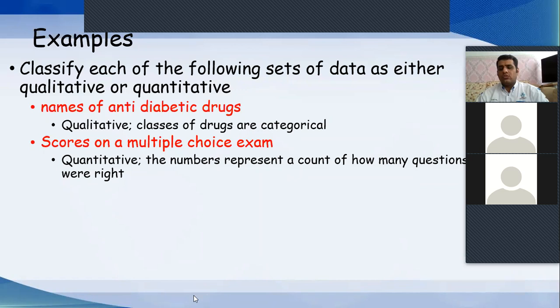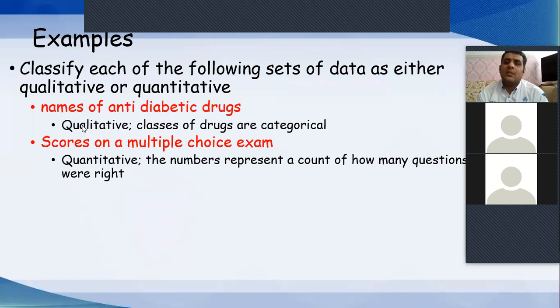Now you know that in clinical research, if we want to study the blood glucose level, then it is considered quantitative data. When we study whether the blood glucose level is controlled or not controlled, meaning the classification is there, then this is considered qualitative data. If quality is there, good, bad, yes, no, control, not control, this is considered qualitative data.